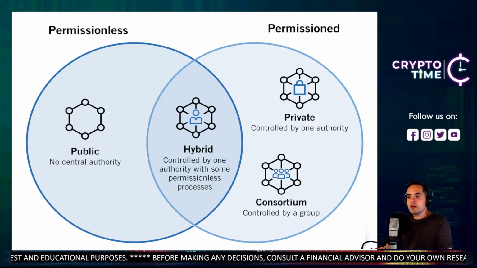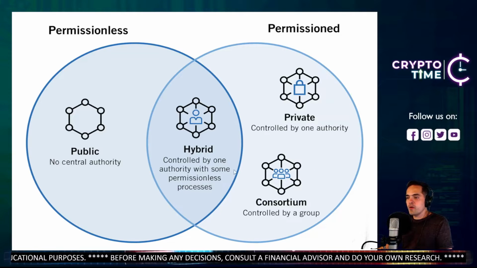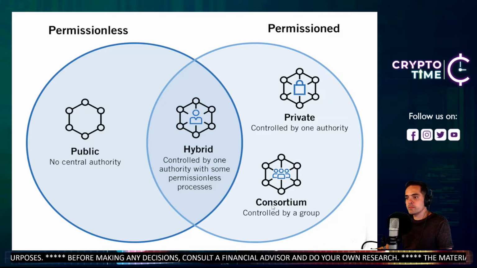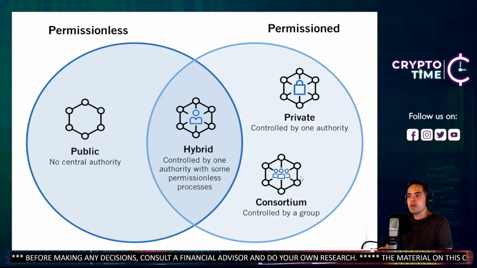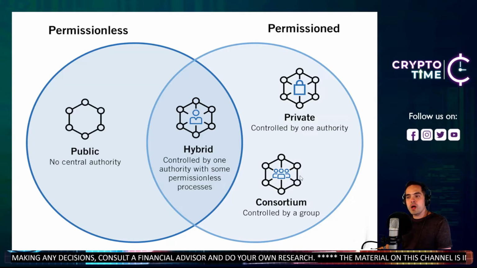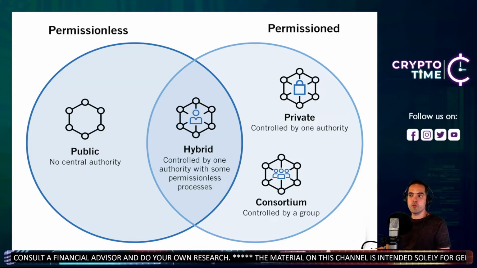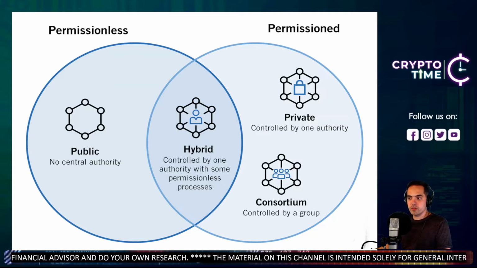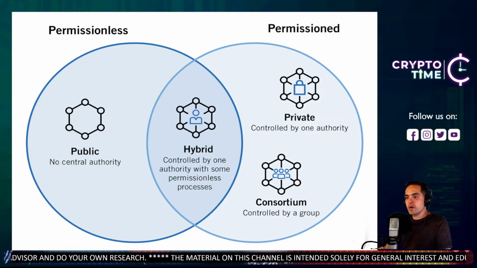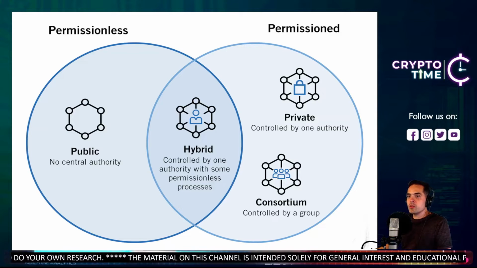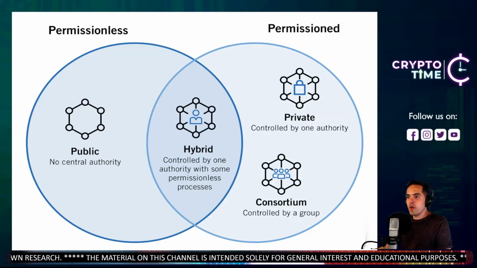So it's a hybrid type of blockchain. And then we have a consortium, which is basically a private blockchain, however it is controlled by a group instead of one private authority. Those are the types of blockchain.